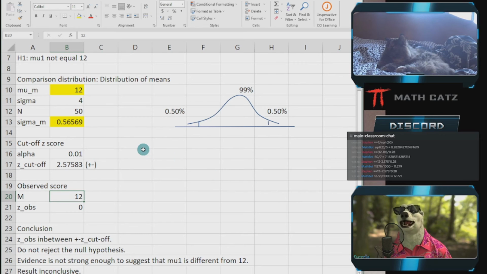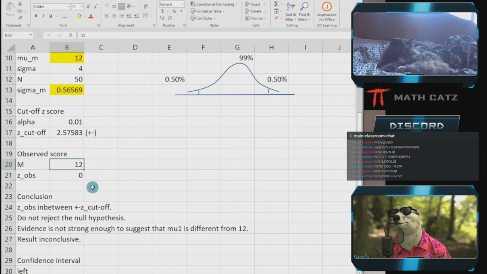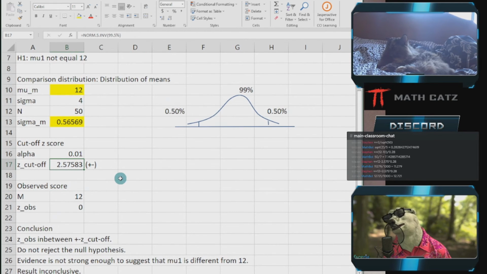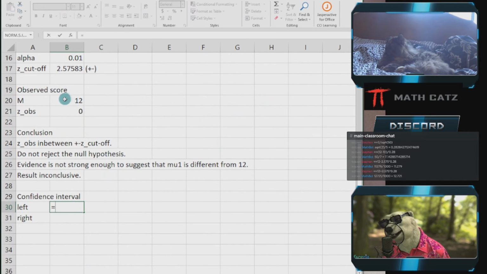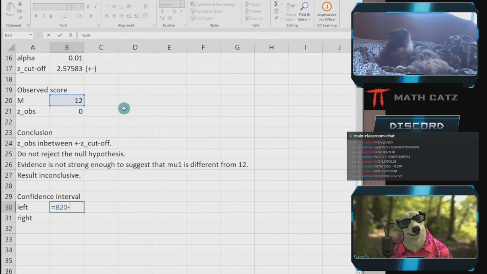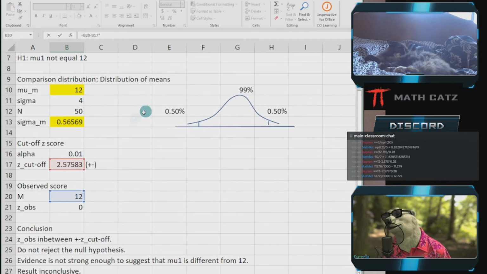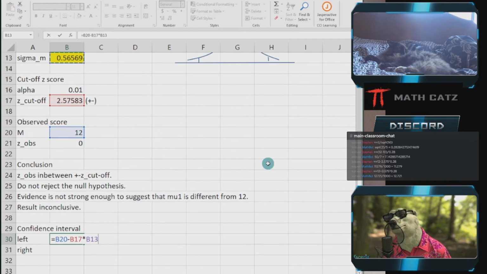So our percentages are the same, and therefore we can reuse this 2.57583 Z cutoff value now as the distance, essentially, from the observed mean. So we're going to go this many standard deviations from M, and let's calculate that. We'll take our M. For the left one, we'll subtract the Z cutoff times the standard deviation. I'll show you that like so.